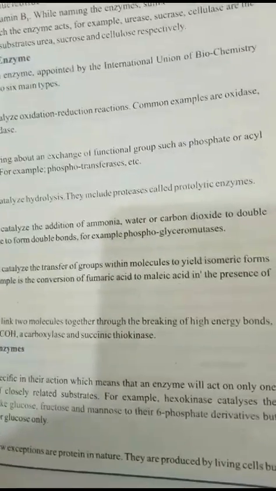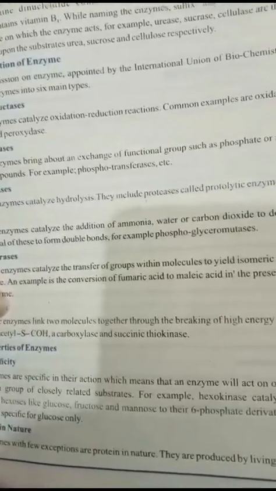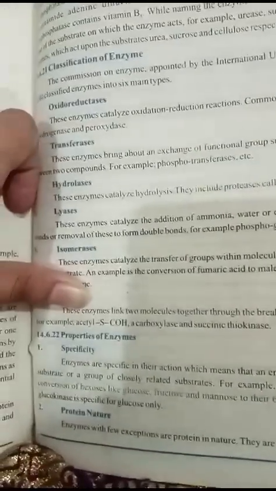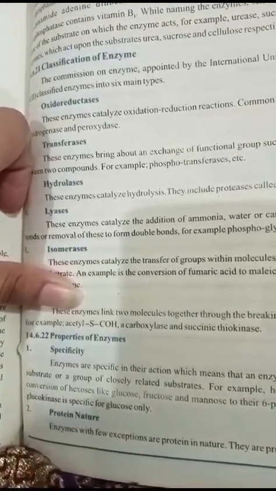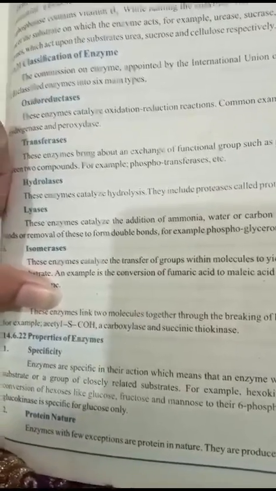For example, hexokinase catalyzes the conversion of hexoses like glucose, fructose, and mannose to their 6-phosphate derivatives, but glucokinase is specific for glucose only. So it was all about the specificity of enzymes.